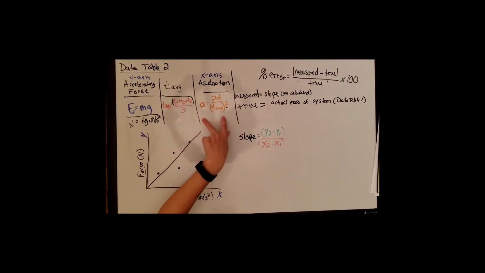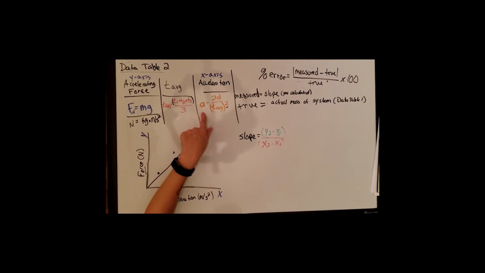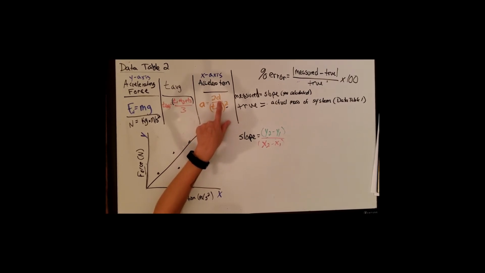The last column on the data table that you need to fill in is the acceleration column, and this is the x-axis on the graph provided. I took an equation from chapter 4, the distance is equal to 1/2 A T squared, and rearranged it to solve for A. So A equals 2 times the distance, and the distance is 0.5 meters for every trial, but the T average is going to be different.